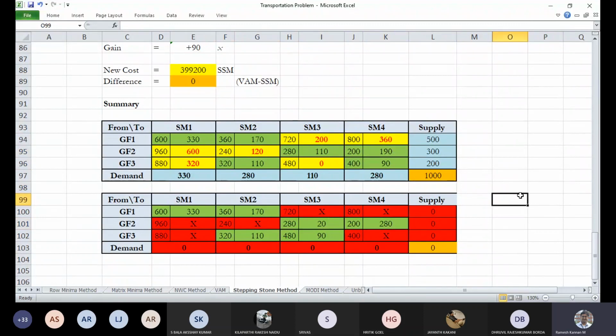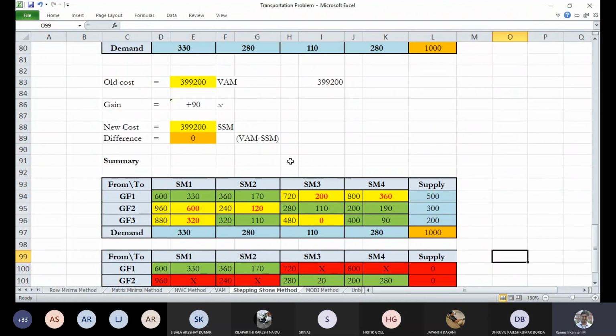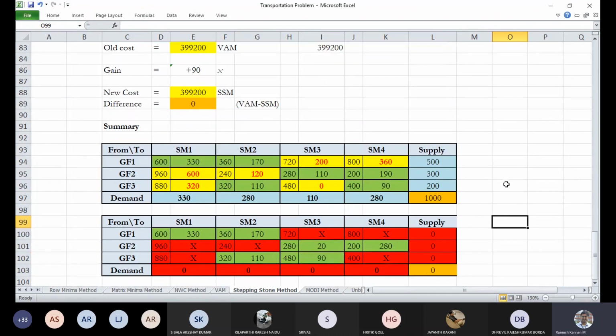So this is how it is allocated, right? In this case, luckily we have got both the values to be the same. So you can directly conclude that whatever we have achieved in VAM itself is optimal. Even the initial basic feasible solution in VAM itself is optimal, right?